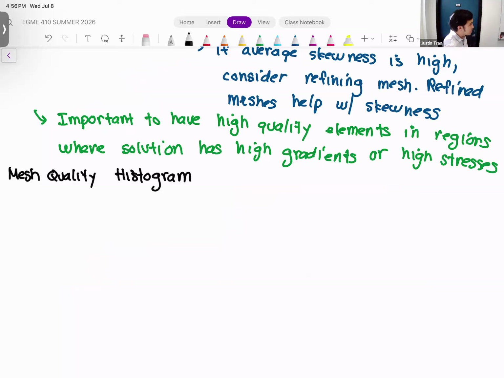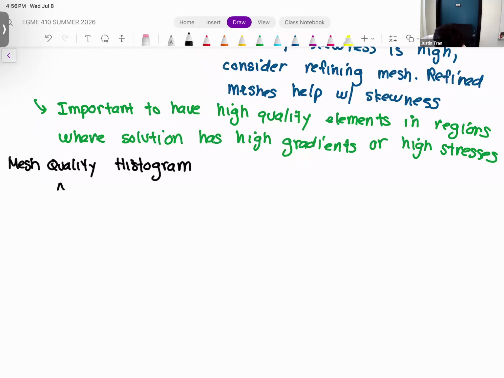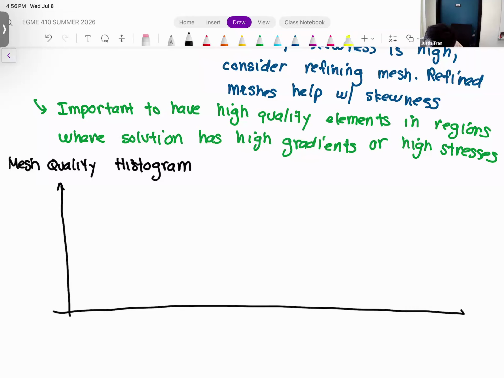So hopefully everyone's seen a histogram before, but a histogram is essentially a bar chart. You can think of it naively as a bar chart which shows you how many elements have qualities in certain thresholds. So the histogram will look something like this. Okay. And there will be several different buckets, right?